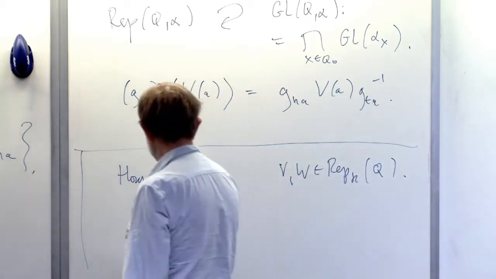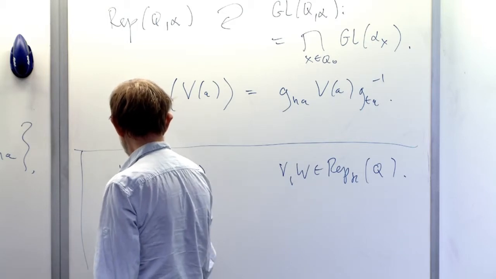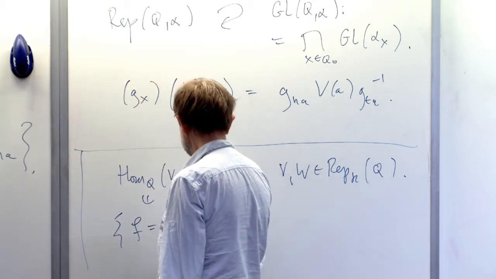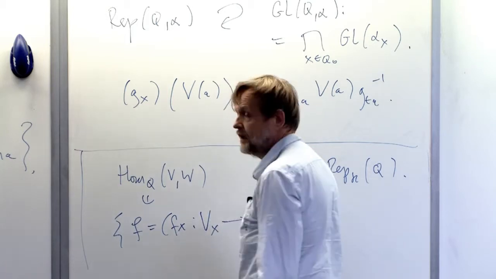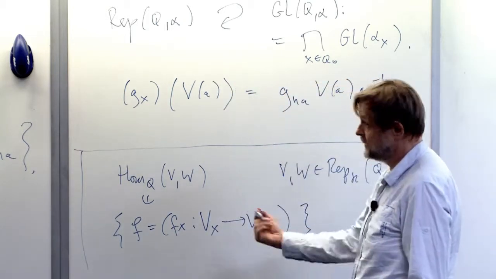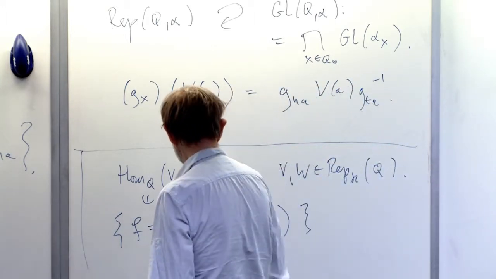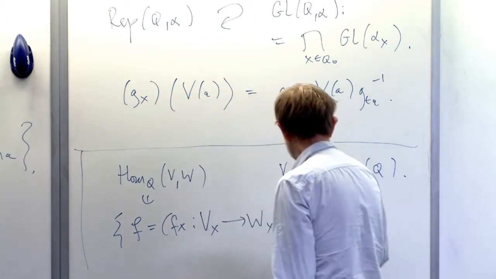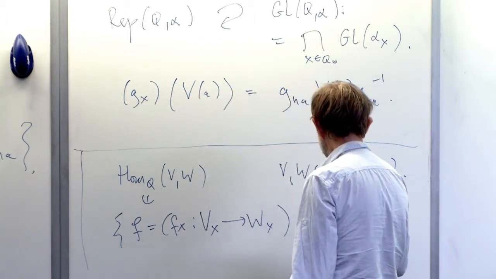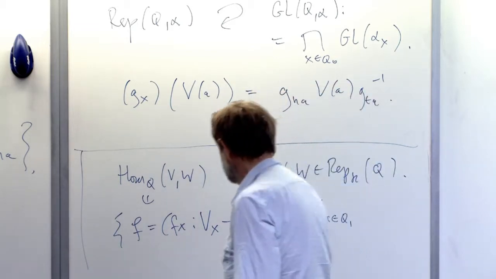So what is it? Here we will have the collection F, which is a collection of linear maps Fx from Vx to Wx. But we need a compatibility, because those arrows have to have some meaning. So for every A in Q1, if I have such a collection of linear maps, I can form this square.